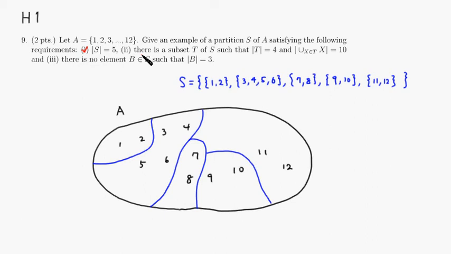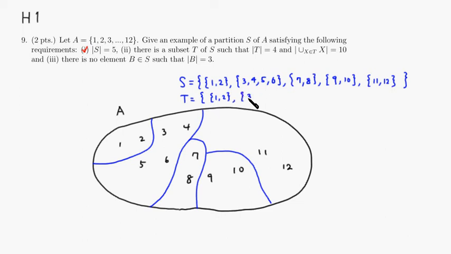There is a subset T of S such that the number of elements in T is 4, but if you take the union of all these, it's 10. So we have to pick 4 of those subgroups. I'm going to pick 1, 2, so that's 2.